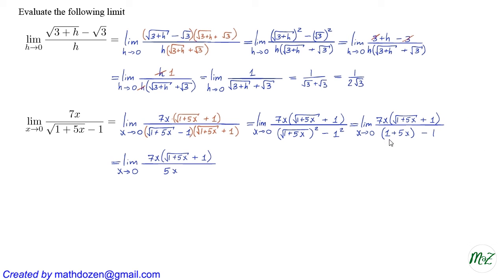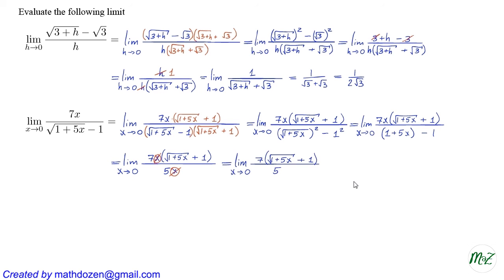And in denominator, so we have 1 plus 5x minus 1, which cancels out once, and we have just 5x. Okay, so we're going to have limit as x approaches 0 of expression 7x times the square root of 1 plus 5x plus 1 divided by 5x. And x is a factor in numerator and denominator, so we just outright cancel it.